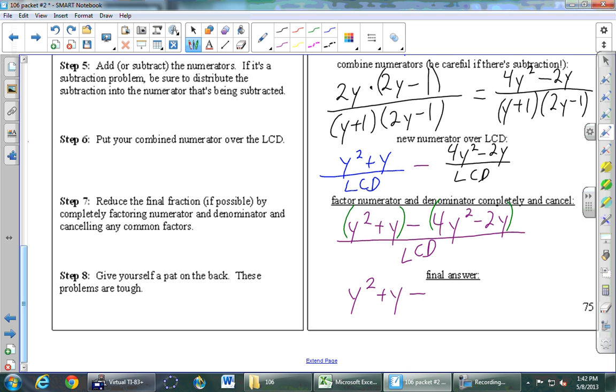Subtract what? 4y squared plus 2y, right? Subtract, subtract, divide by LCD, and now finally it's in a position for us to combine like terms. How many y squareds? Negative 3y squared. How many y's? Plus 3y's.